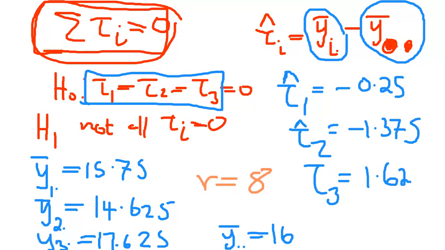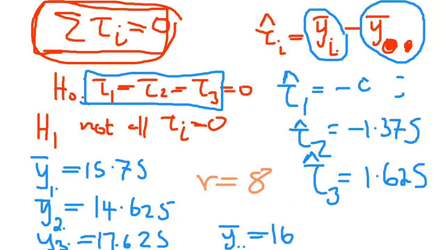Let's check the condition. When you add the taus, what are you getting? 0, sir. So we get 0. Suppose we are writing a quiz or a test, and I decide to give you tau 2 and tau 3.